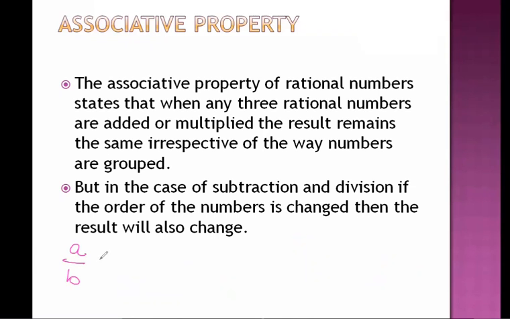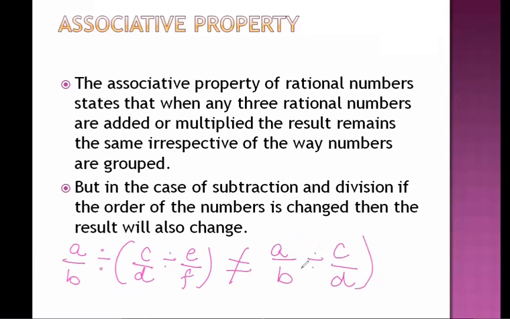A by B divided by C by D divided by E by F will not be equal to A by B divided by C by D divided by E by F grouped differently. But for multiplication, the result would be same.